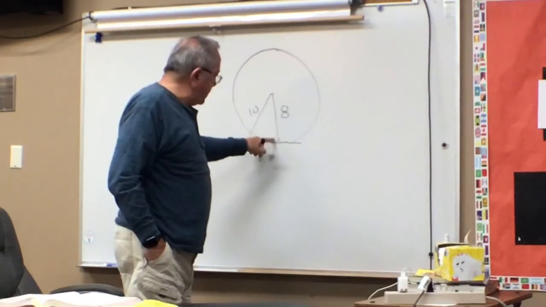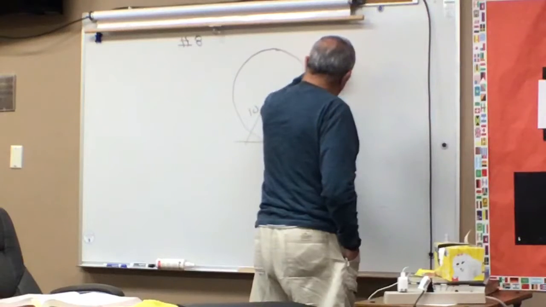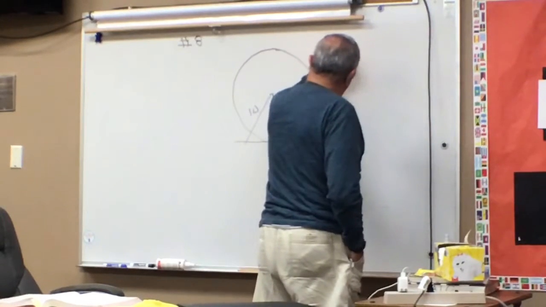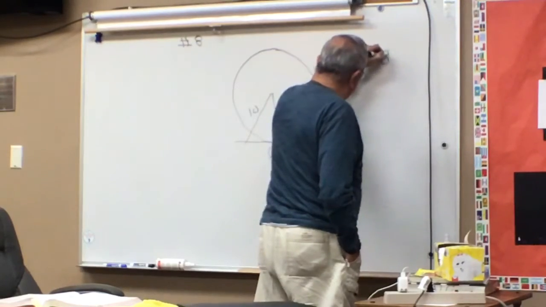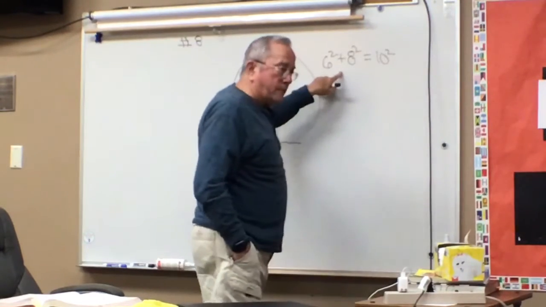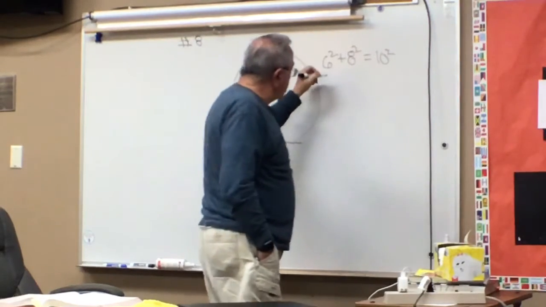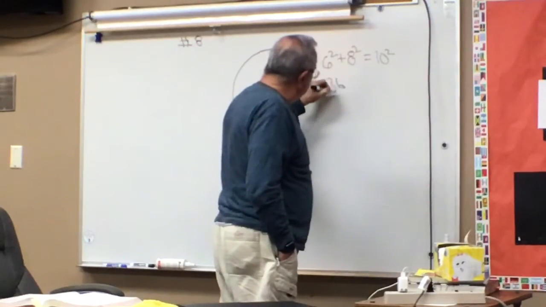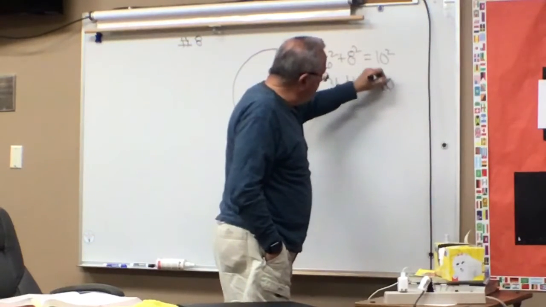Now I want to say, does 6 squared plus 8 squared equal 10 squared? Because if I remember, we said if that's true, it's a right triangle. That was on one of your tests and quizzes. So let's see. 36 plus 64 equals 100.